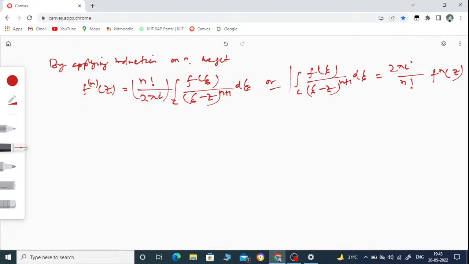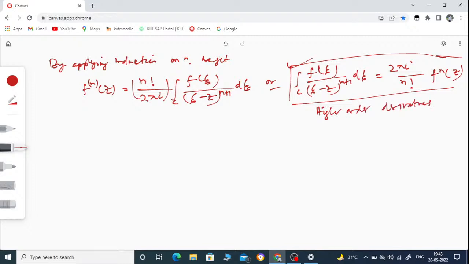Okay, so this is the required formula for solving several problems related to higher order derivatives of Cauchy's integral formula. This is the higher order derivative formula for Cauchy's integral formula. Okay, I will solve one of the problems.